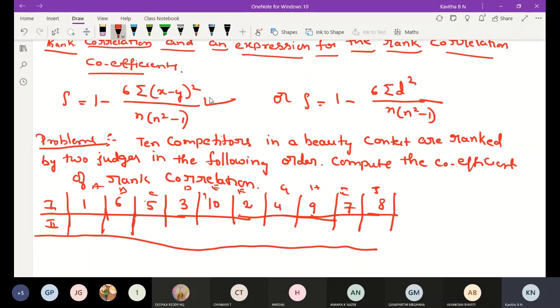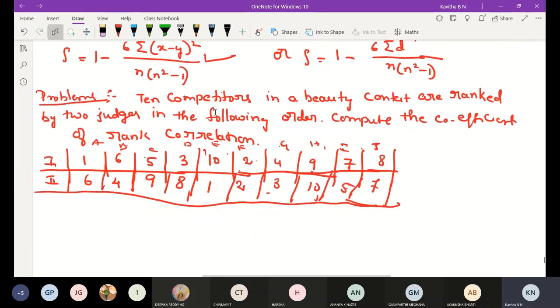A is given 6th rank, B 4th rank, C 9th, D 8th, E 1, F 2, G 3, H 10, I 5, and J is 7. Write the data. Then we need to find the coefficient of correlation.